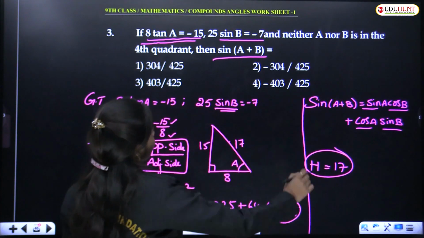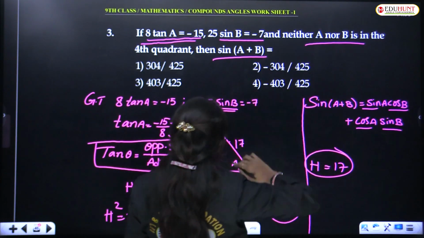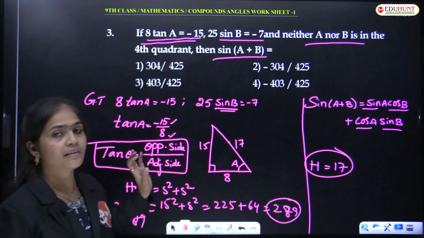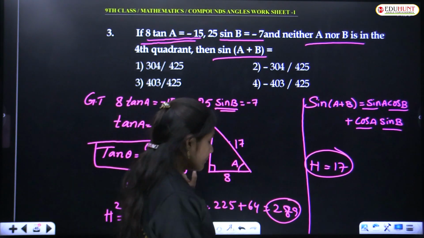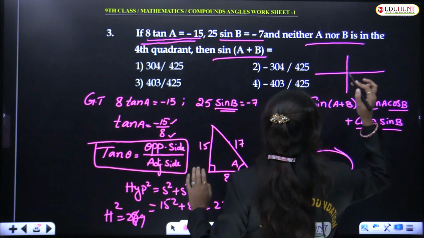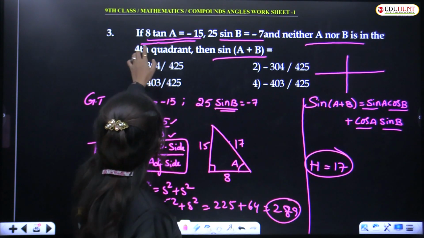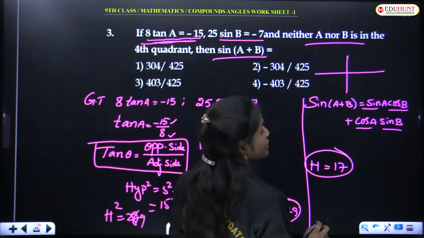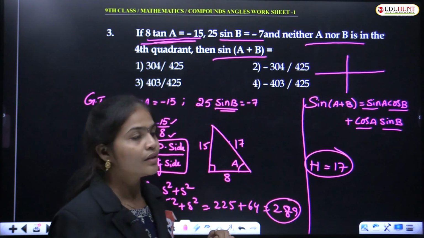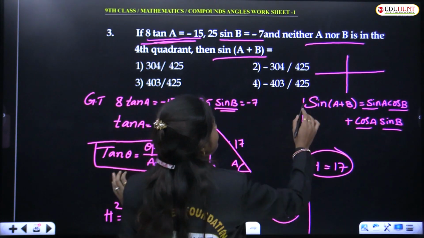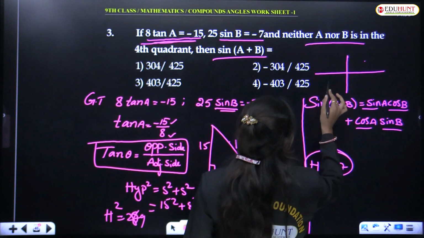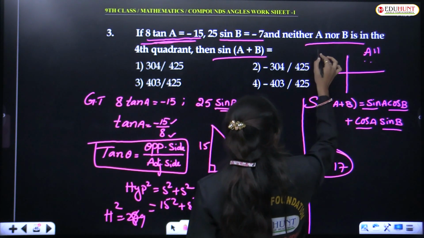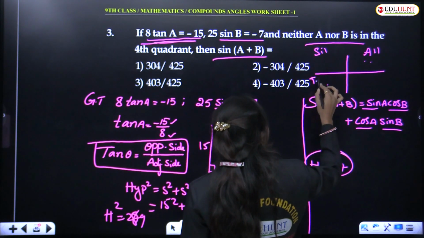Here, neither A nor B is in the fourth quadrant. So here, they given that tan angle is negative. So where do we have tan negative? First, check that. All Silver Teacups, already you know that, right? All Silver Teacups.